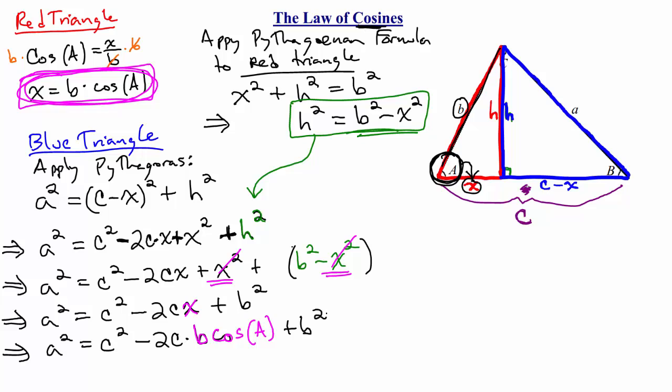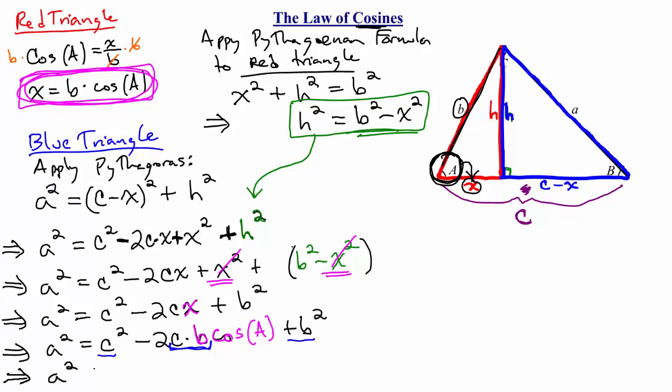I'll do a little bit of tidying up in our last step. We usually combine the c squared and the plus b squared and put those next to each other. And we usually commute this multiplication, writing it in alphabetical order as bc. So I'll do those little things.